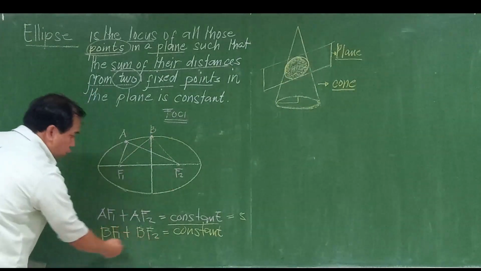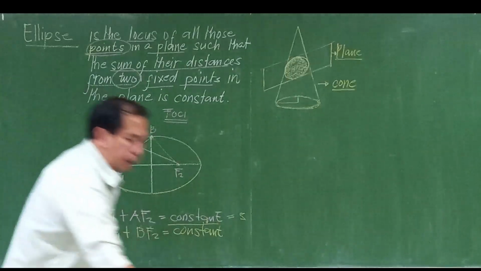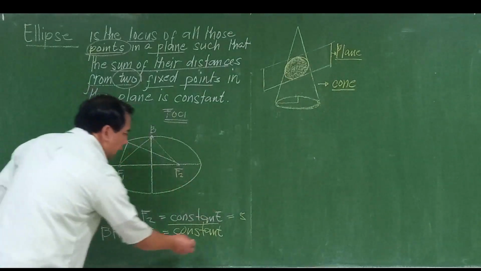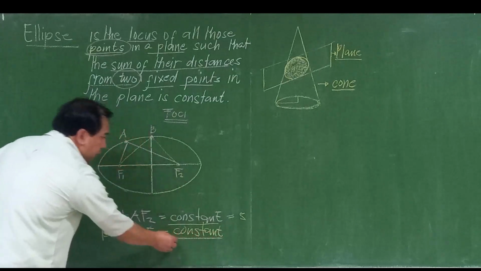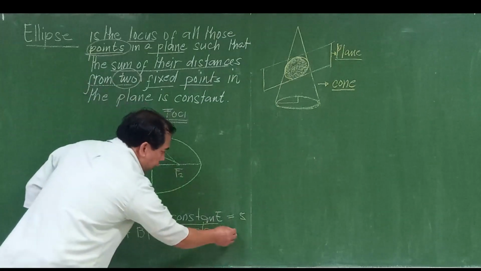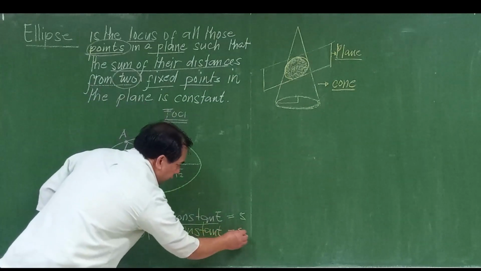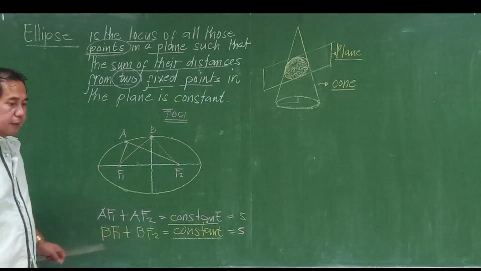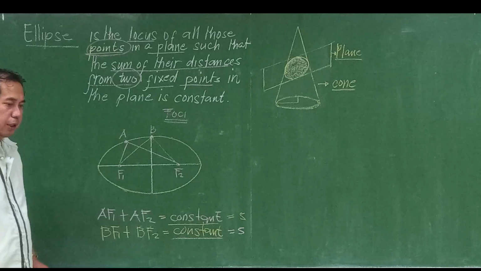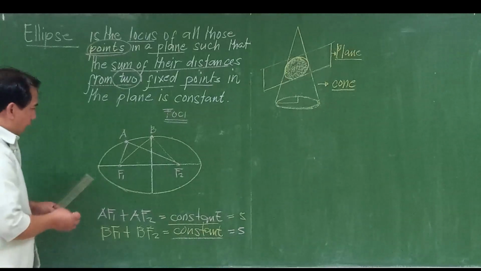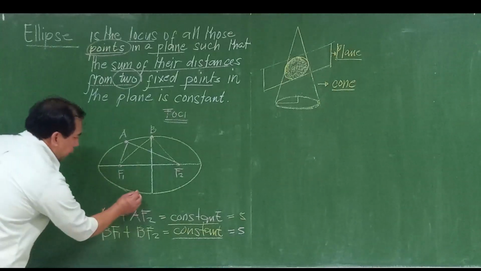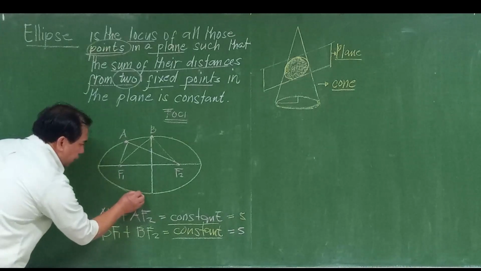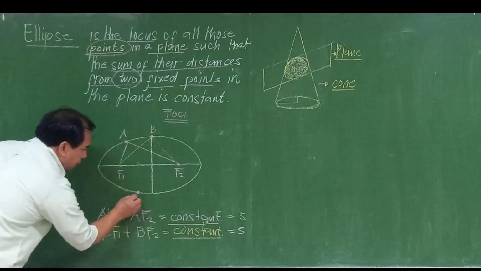That is the same as we have in here. So if I were to add, it is still constant, and that constant is still 5 units. That is the meaning. Now another one, I have to put again another point in here. Shall I say we have in here point C.